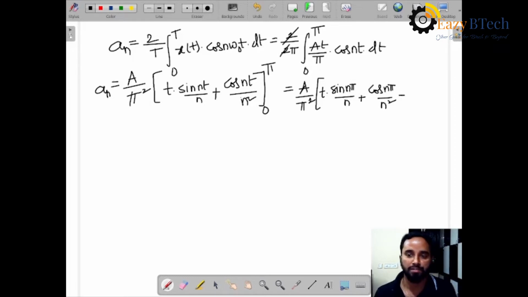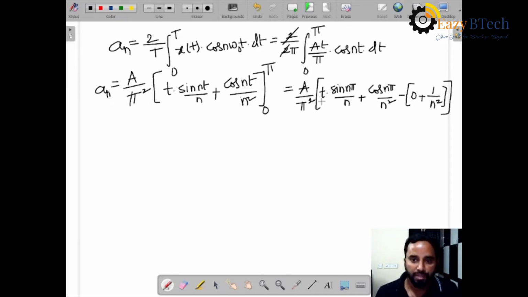Minus the lower limit, which is 0: 0 into sin 0 is 0, and plus cos 0 is 1, so 1 by n square. Close the bracket.